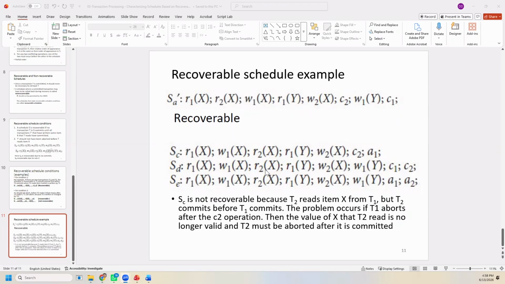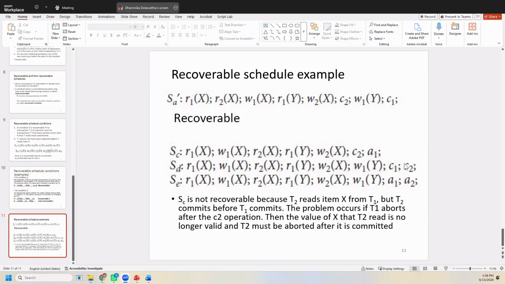Then transaction 2 is accessing those modified data, modification done by transaction 1. So the transaction who did the modification should commit first. That means C1 commits first and C2 next. So that is perfect.